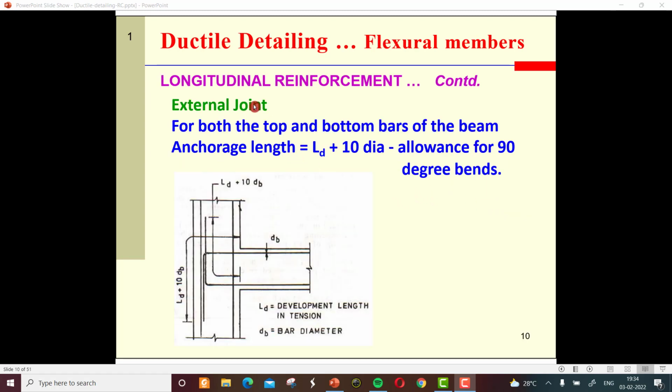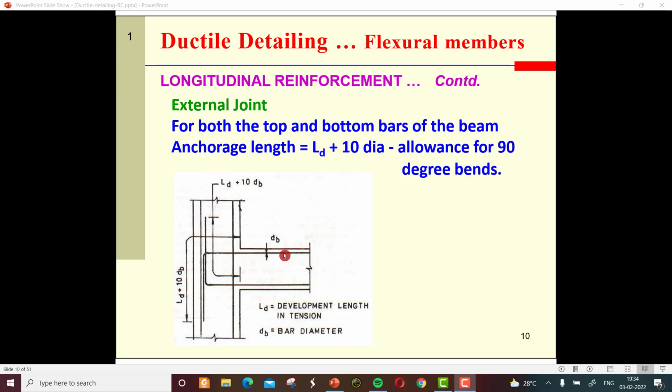Similarly, for the longitudinal reinforcement in the case of external joints, for both the top and bottom bars of the beam, the anchorage length is equal to Ld plus 10 times the diameter minus the allowance for a 90-degree bend.